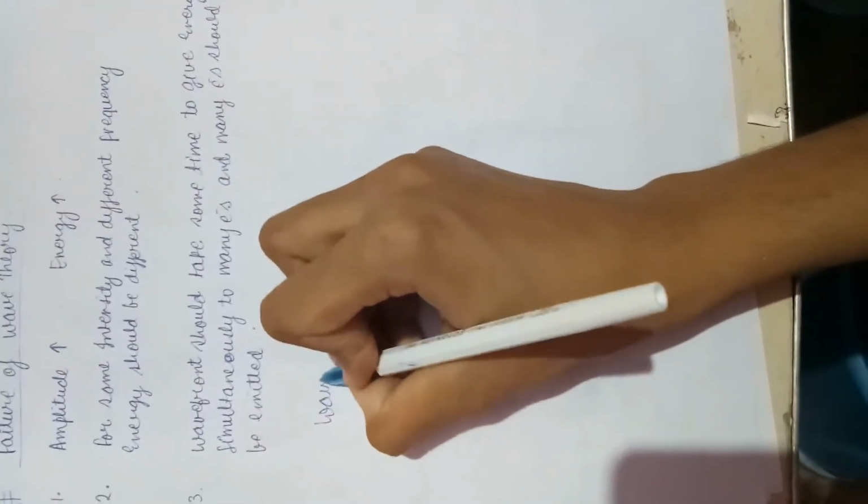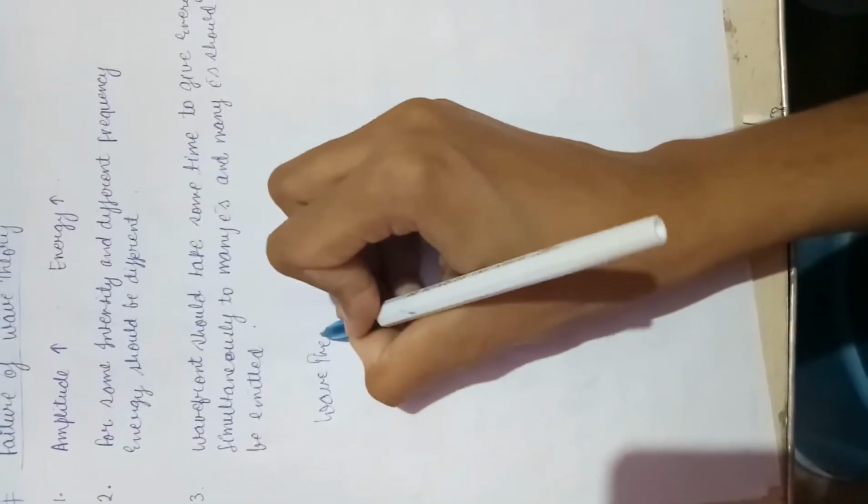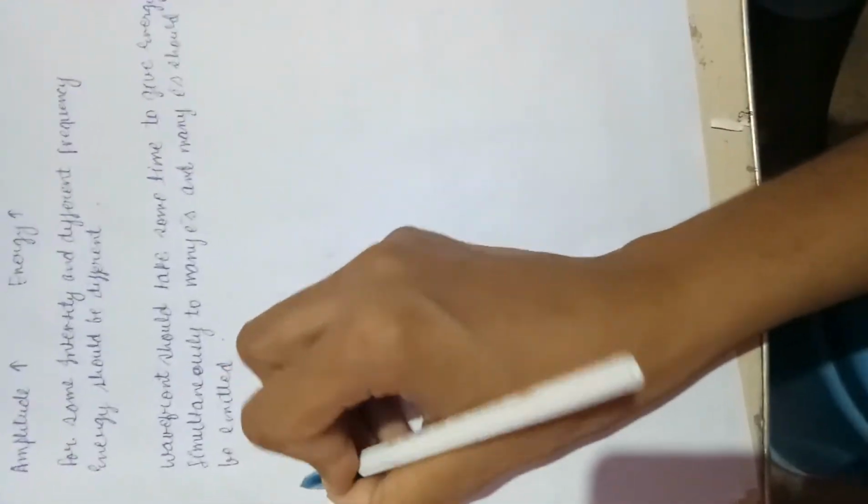Now let me discuss something about wave theory. What does wave theory say? Wave theory says that if we use light of greater intensity, it results in greater fields. Due to the higher intensity of radiation, we have a higher amplitude of fields.